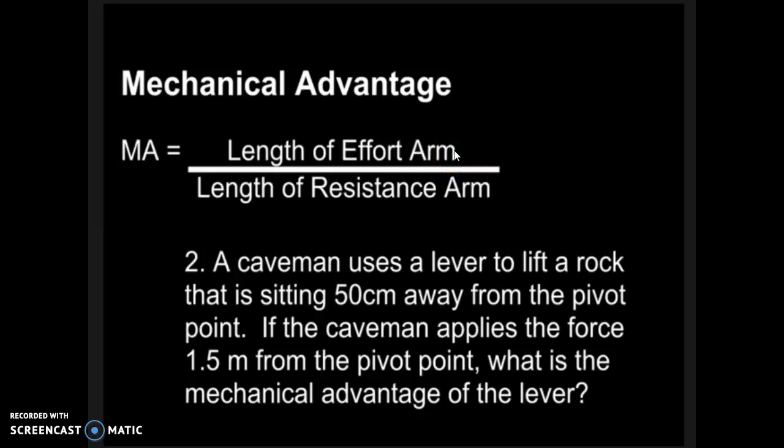Well, that's the one that the caveman does. So read carefully. The caveman applies the force to this longer side. Usually the bigger number is going to be on top with mechanical advantage. If the bigger number is on top, then your machine gives you an advantage over just doing this without the machine. That's what we generally want. Then the resistance arm is going to be 0.5 meters away.